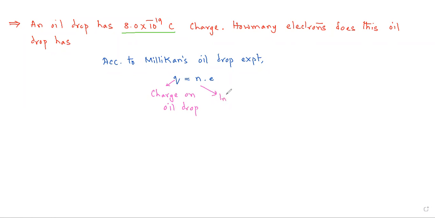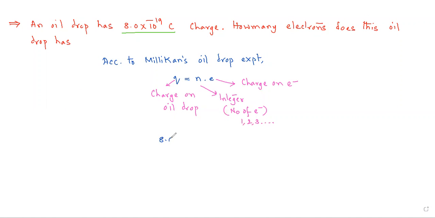N, of course, is an integer, the number of electrons. Can take up values 1, 2, 3, and so on. And this, of course, is electrical charge, or you can say charge on electron. Charge on electron in coulombs, of course, we know that.